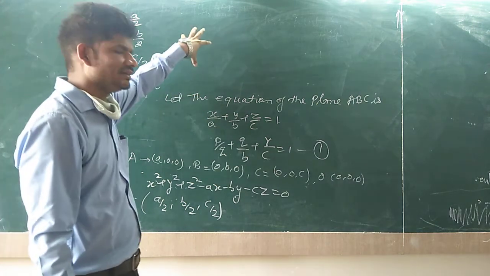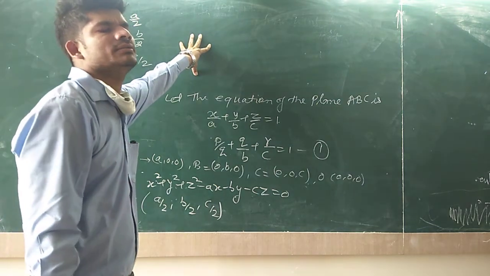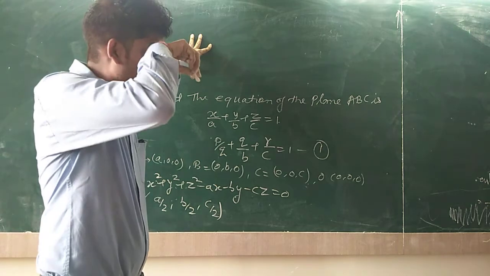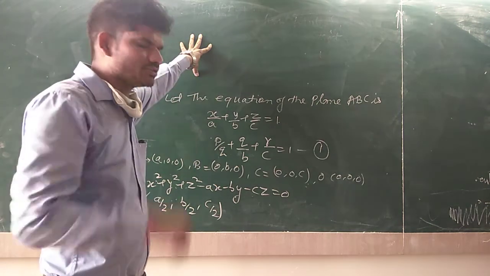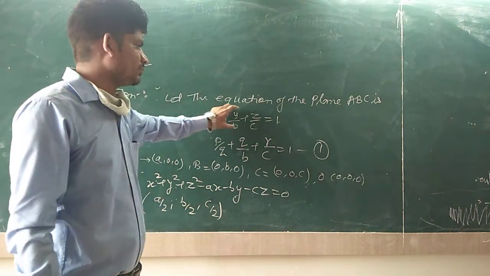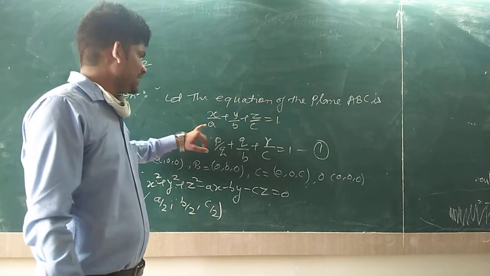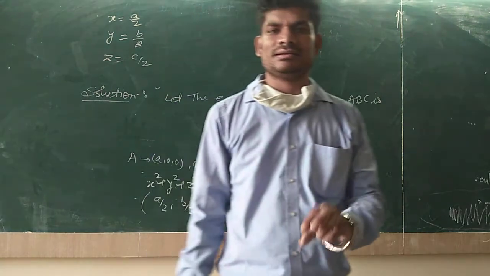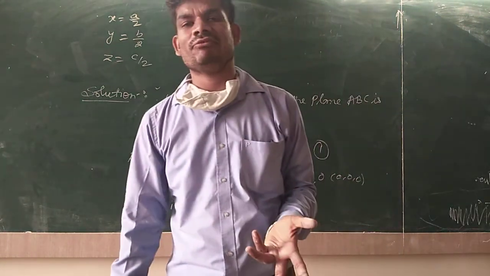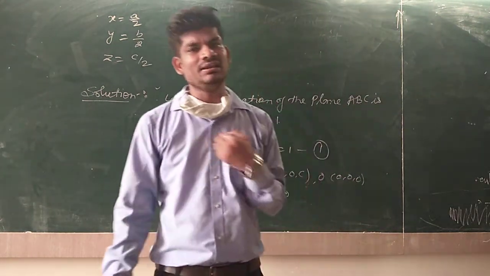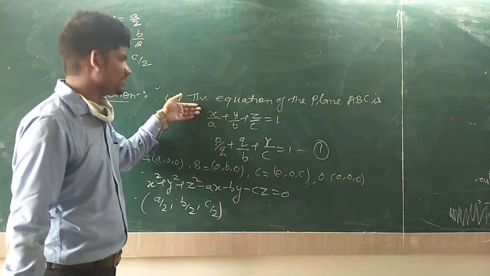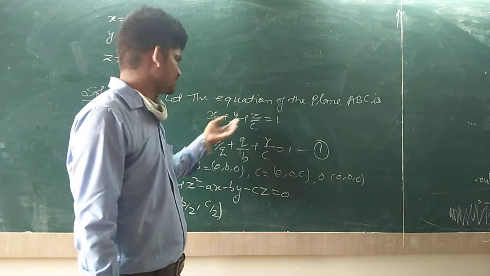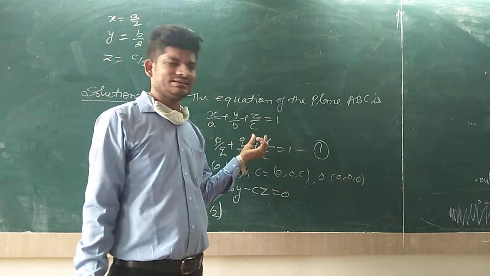Not given in this problem what A, B, C are. We let the equation of plane be x upon a, y upon b, z upon c. Then first we eliminate the values of a, b, c, as it is not given in the problem what is a, what is b, and what is c. So a, b, c we let.